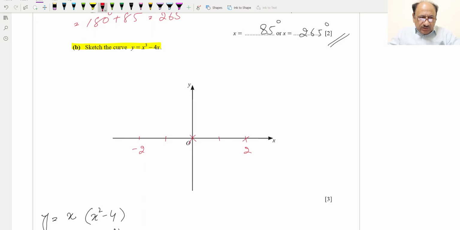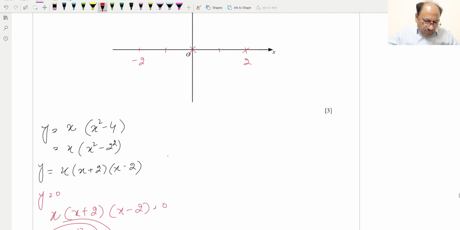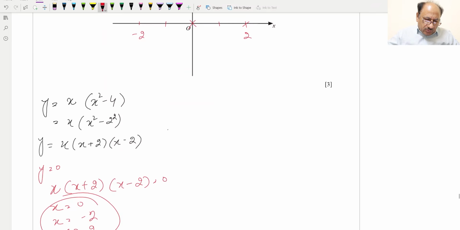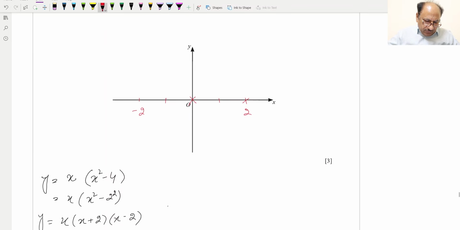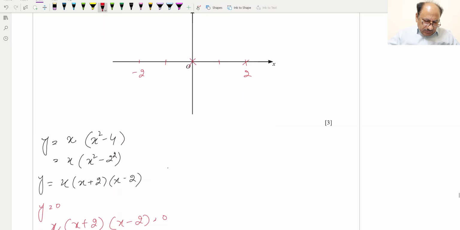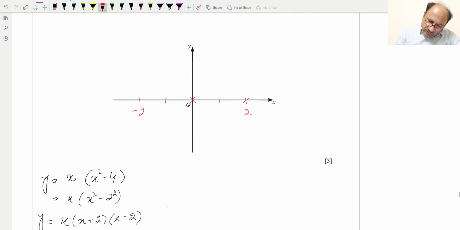And then we have to check for the y-intercept, and for the y-intercept we are replacing x is equal to 0. If we replace x is equal to 0, y will be what? On the y-axis x will be equal to 0, y will be equal to 0. So we can write here at x is equal to 0, y is equal to 0. So it means it's passing through the origin.